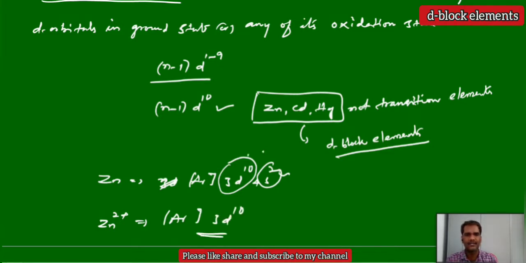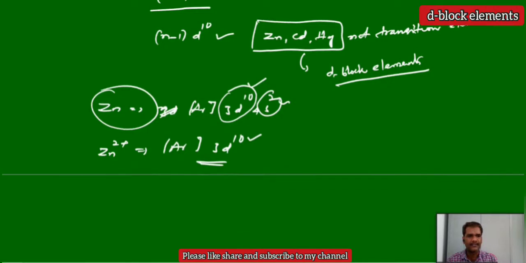So whether in the ground state or any oxidation state, it is completely filled d orbitals, and zinc is a d-block element, not a transition element. Similarly, cadmium and mercury.